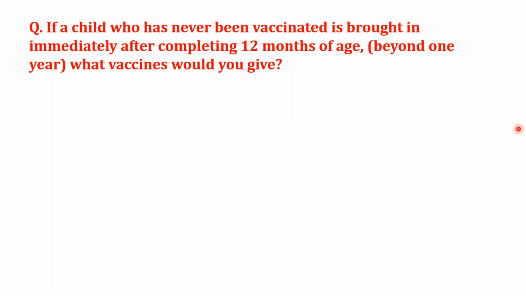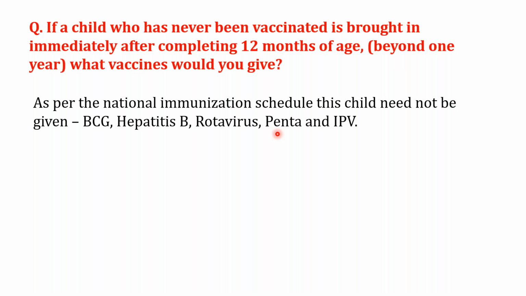So Swati feels OPV, measles, vitamin A. All right. Pushkal feels OPV and MR. Shreya feels no BCG. Pragya feels no BCG and Penta. Right. So let us see which vaccines to give to this 15-month-old unimmunized child. As per the national immunization schedule, we need not give BCG, hepatitis B, Rota, Penta, and IPV to this child.